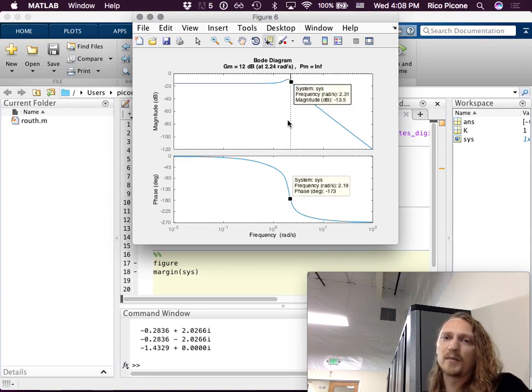So if I put my check on there, it's between those two. So it's between negative 11 and negative 12 dB below, or negative 11 and negative 13 dB below 0. So in other words, we have a gain margin of 12 dB.